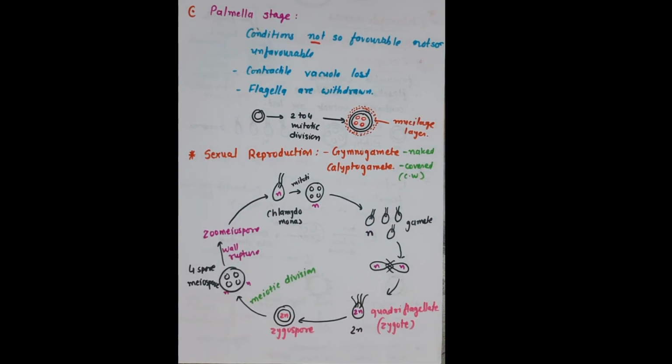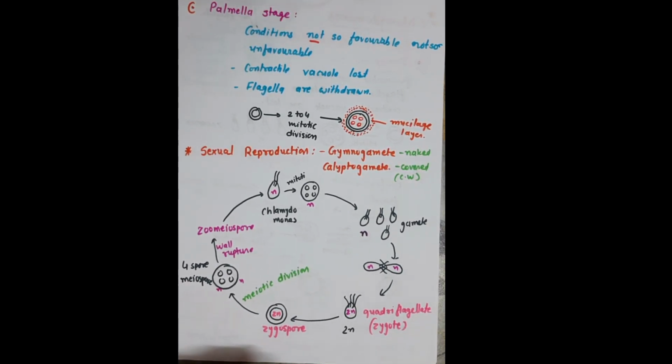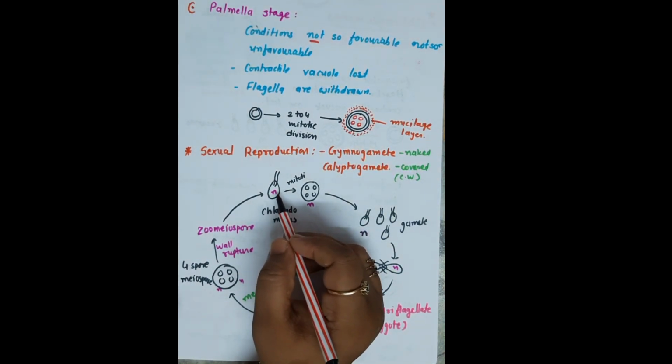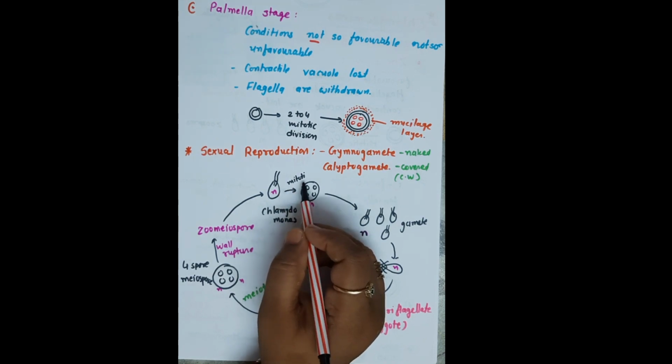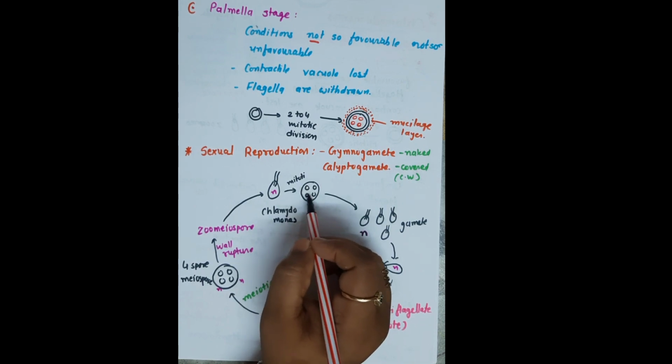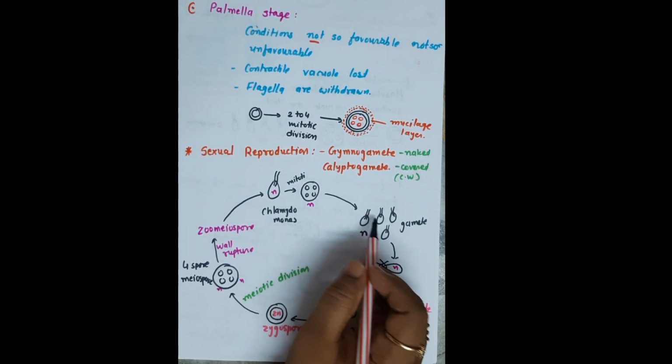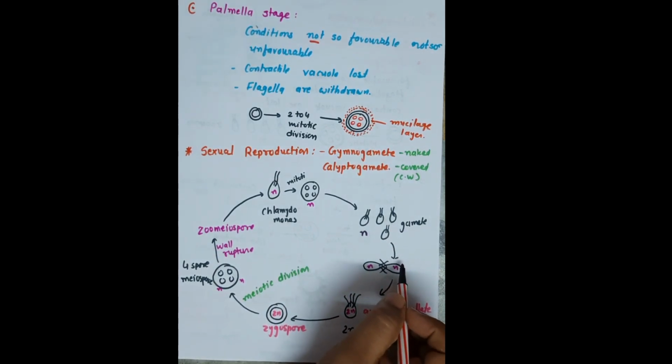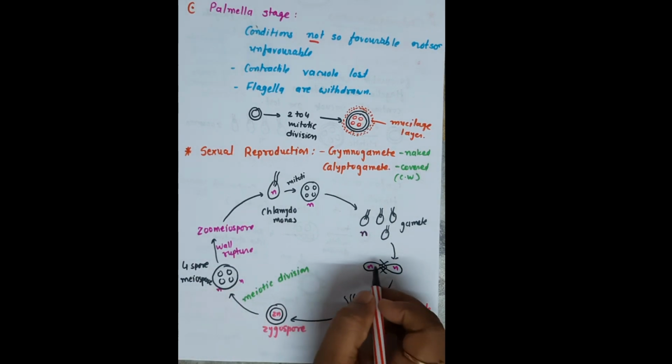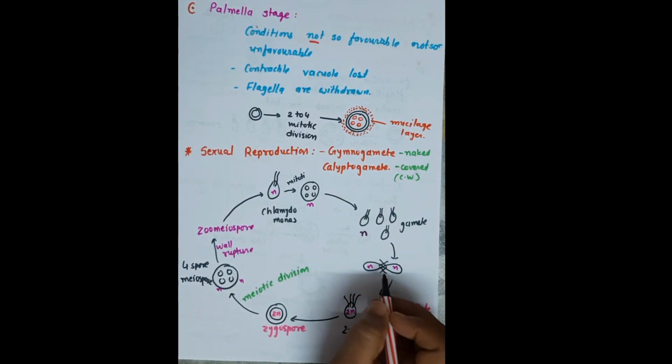Now just see this reproduction type. So actually this is Chlamydomonas. Here, same as previous, mitotic division occurs and forms spores which are haploid. These gametes are haploid. Here the gametes fuse but from the apical side.